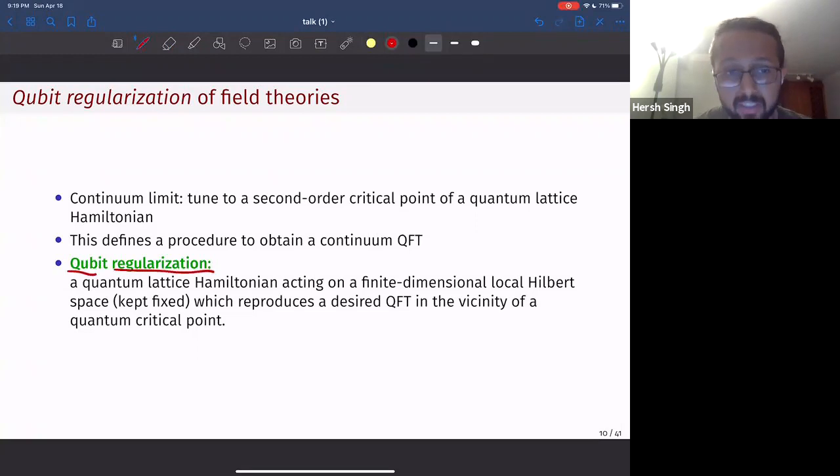That's all this means. It means start with a quantum lattice Hamiltonian which has a second order critical point. When you tune yourself to that critical point, you get the physics of your desired quantum field theory. The crucial point is that as long as you know there's a critical point, you don't have to take this local Hilbert space limit. You don't have to enlarge the local Hilbert space.